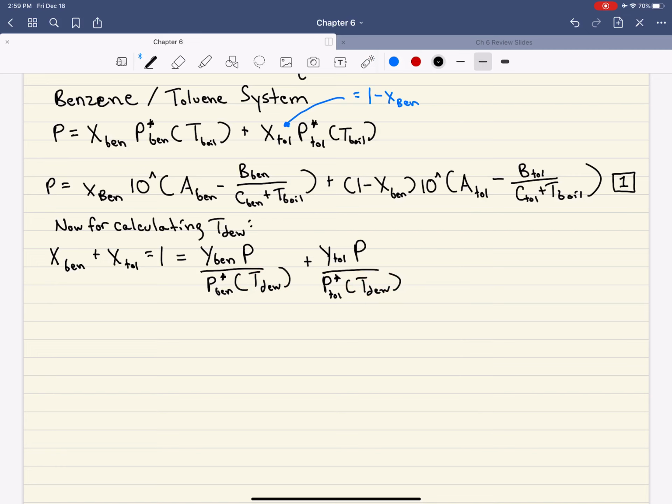All right. I'm now going to put this equation only in terms of the benzene vapor mole fraction, and I'm also going to plug in Antoine's equation.